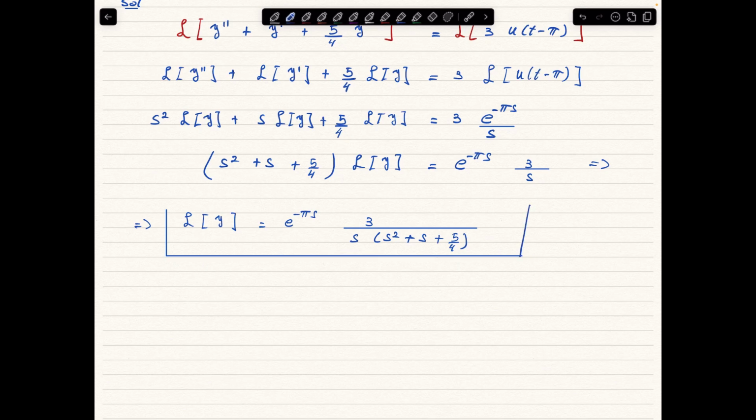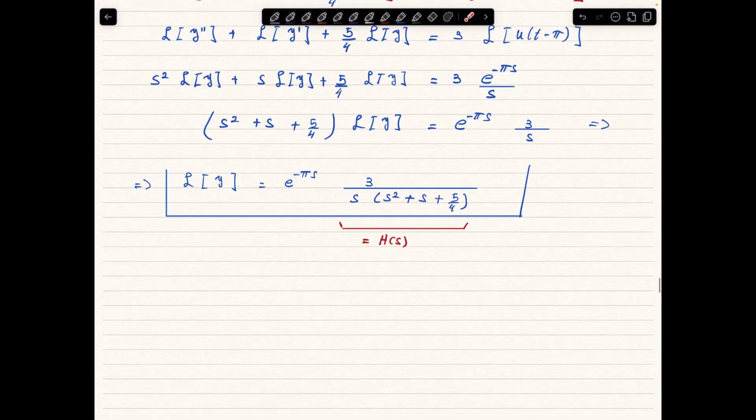And now what we need to do is find y of t. Let me write the right hand side in this way. The rational function, we are going to call it big H of s. And we do not include the exponential in that, only this part.